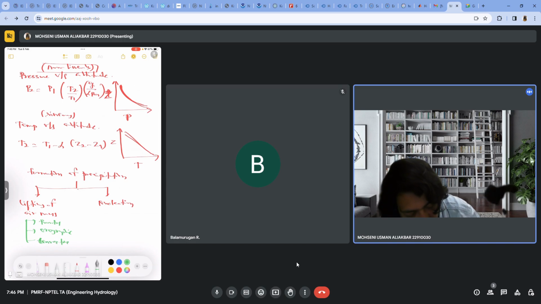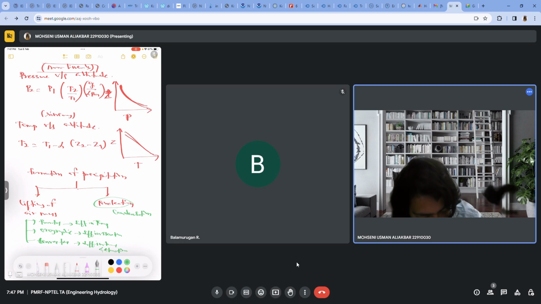Frontal lifting happens because of difference in temperature. Orographic lifting happens because of difference in elevation, and convective lifting happens because of difference in temperature as well as elevation. And what is nucleation? Nucleation is nothing but condensation. We also understood this with the help of a graph.